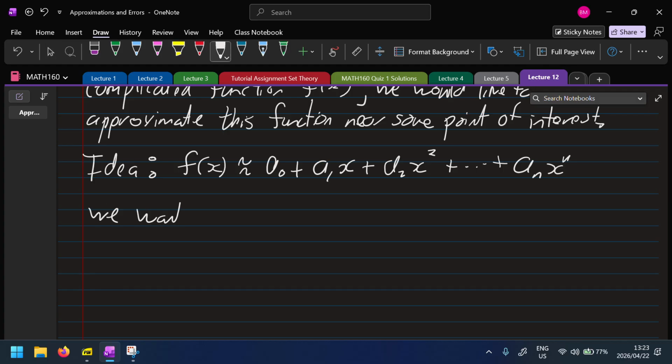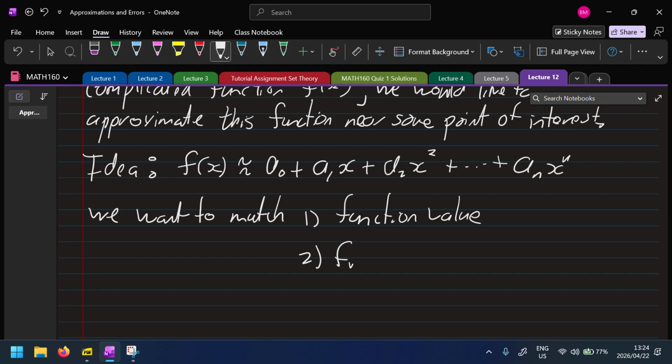Okay, so we want to match, number 1, the function value. Number 2, the first derivative. And number 3, the second derivative.